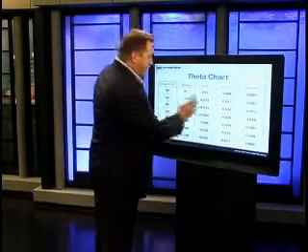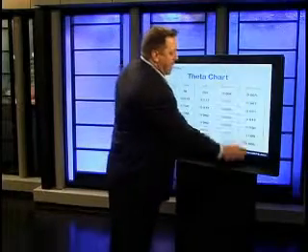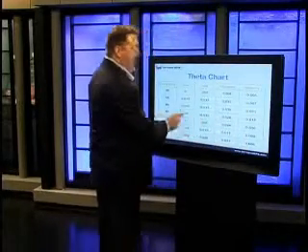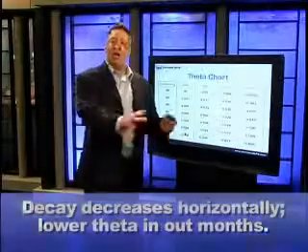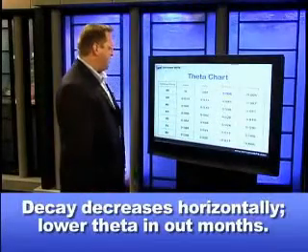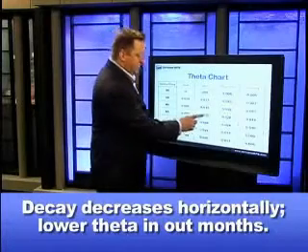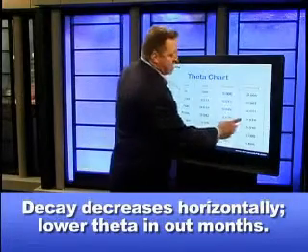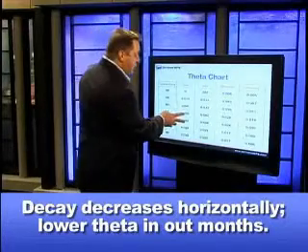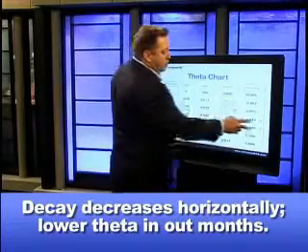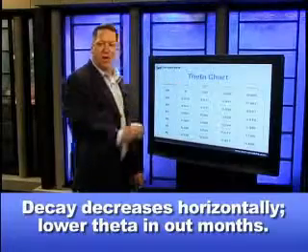When we look vertically in any given month, the highest decay is always in the at-the-money option. Now, when we look horizontally across the different strikes, what do we see? Just like gamma, we see decreasing values. As we go out further in time, we find smaller thetas.